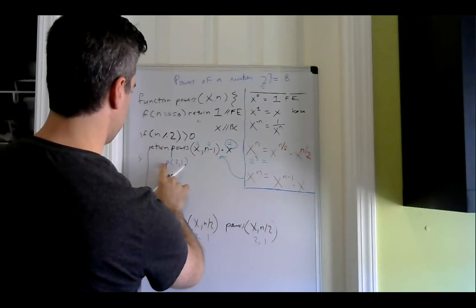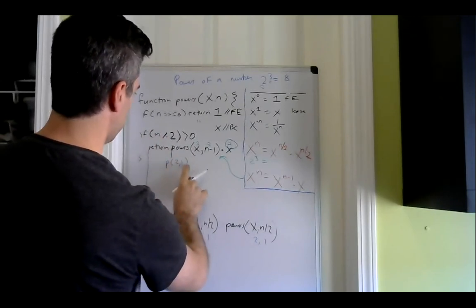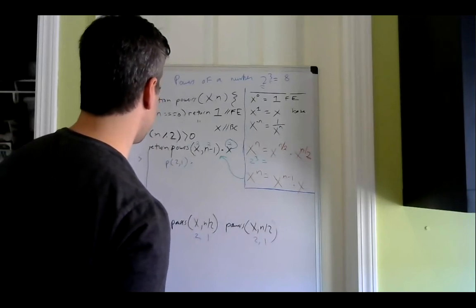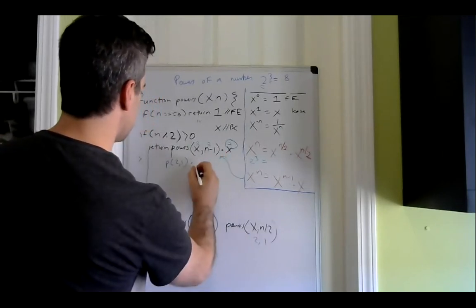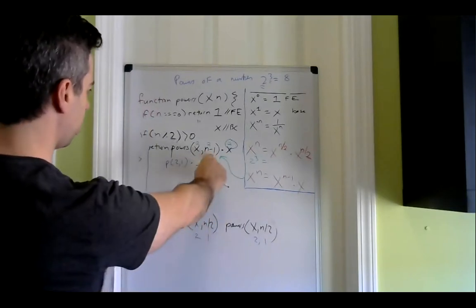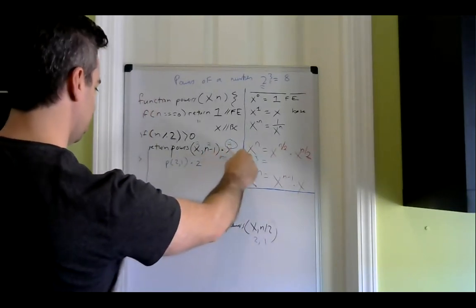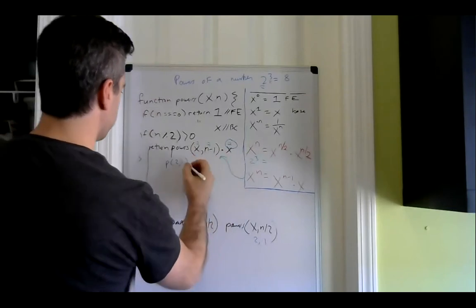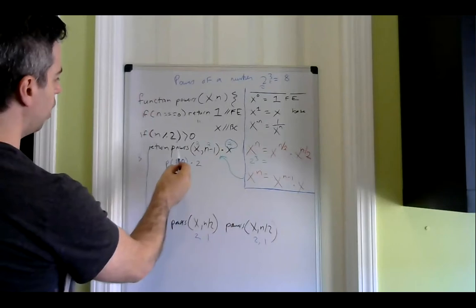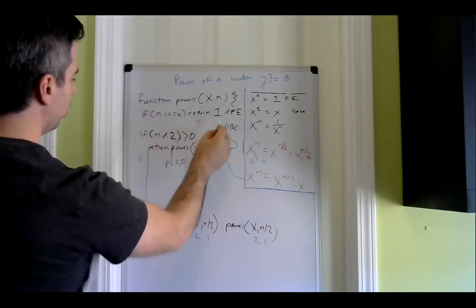Powers of 2 and 1, and that's also times x. Or, I'm sorry, n minus 1 in this case was actually 0. Okay, cool. N is 0, return 1.